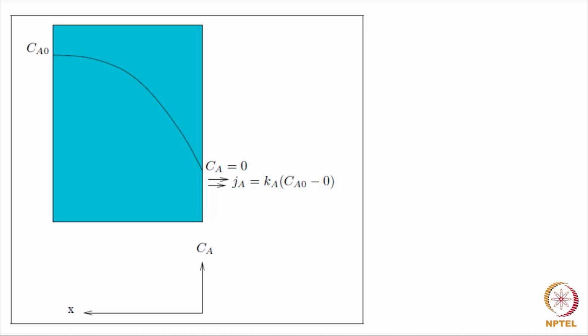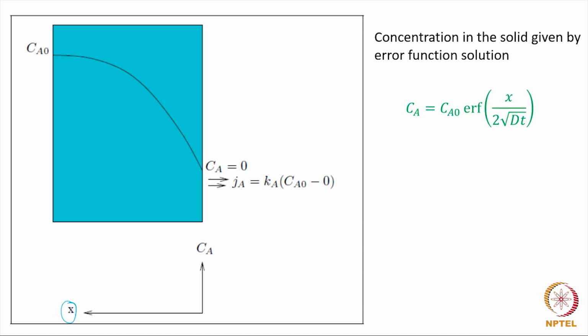the error function. We choose the distance variable such that it goes into the liquid packet, and then we can write the solution as follows: Ca is equal to Ca naught times erf of x by 2 root Dt. So where x is equal to 0, you get Ca is 0 here, and when x is equal to infinity you get Ca naught, which means that this domain is quite big, so that a semi-infinite domain can be reasonably approximated.